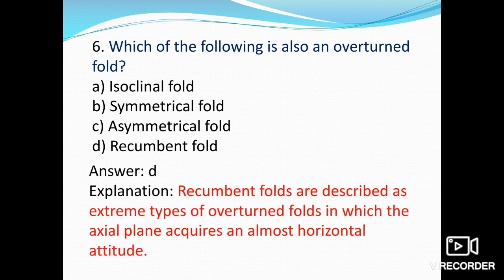So basically the recumbent fold is described as an extreme type of overturned fold in which the axial plane acquires an almost horizontal attitude. Okay, the overturned fold or recumbent fold, they are described as extreme type of overturned folds in which the axial plane acquires an almost horizontal attitude. So option D, recumbent fold, is the right answer.